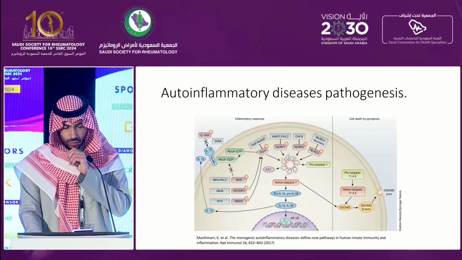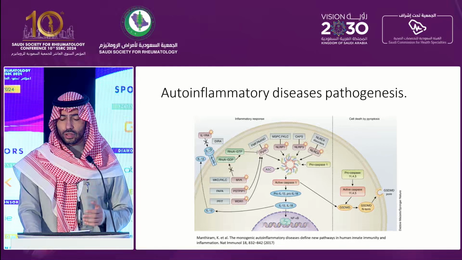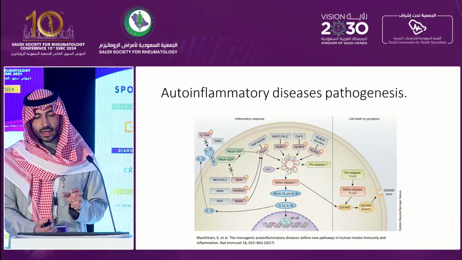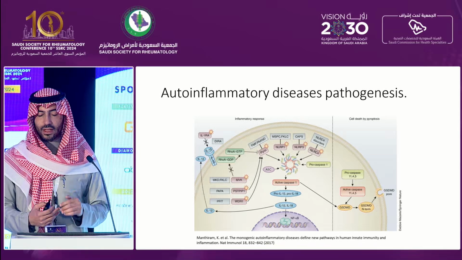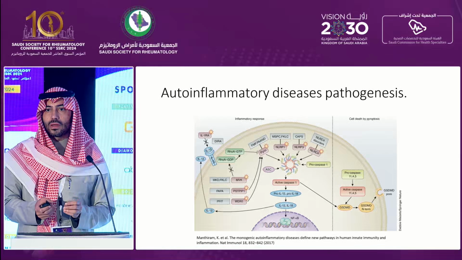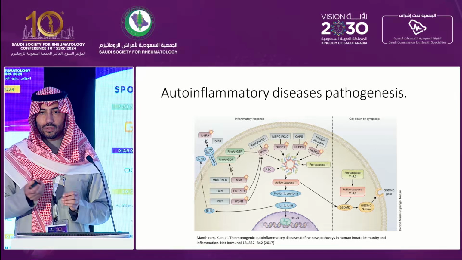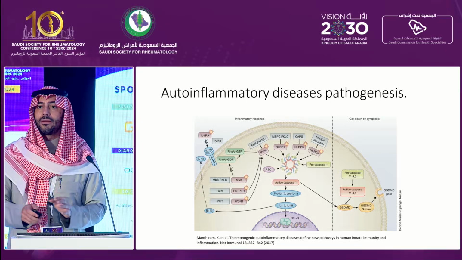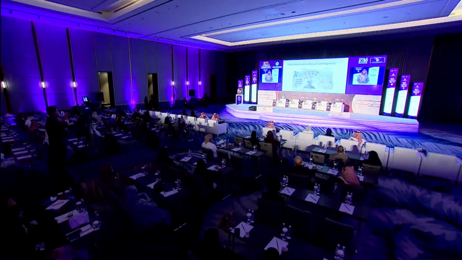On many occasions, these are triggered by toll-like receptors. What is very interesting is that they activate the NF-kappa-B pathway, which is a very important part, and I will tell you why in a second. There are different ways of activating it, but the bottom line is that this pathway is very important to mediate inflammation.